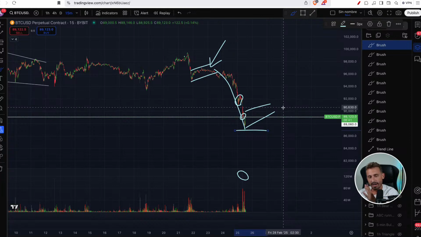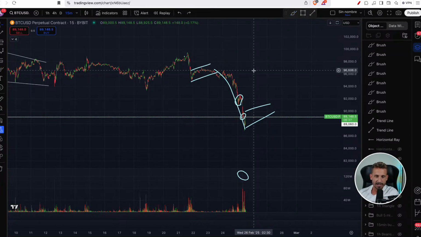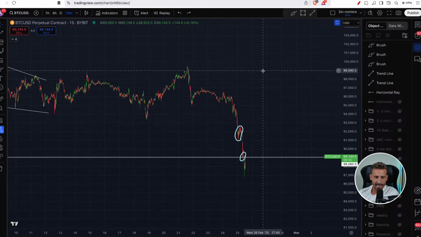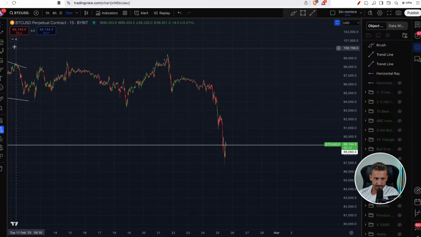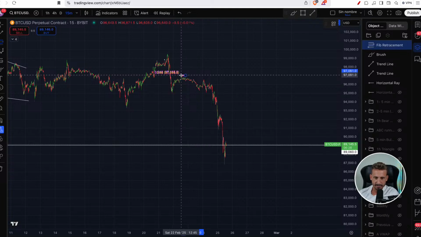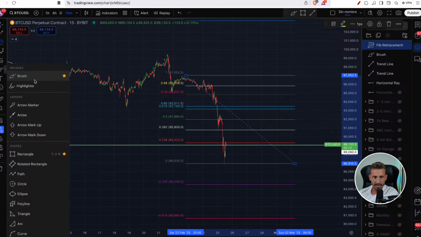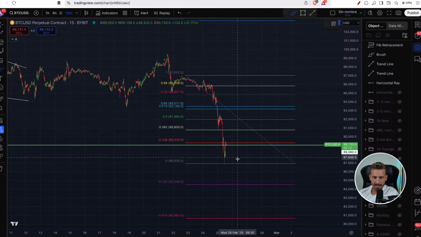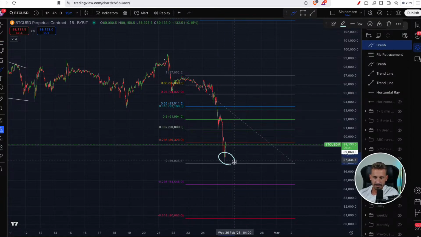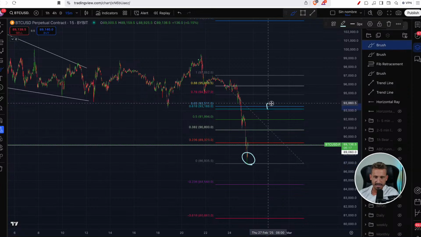So unless the price does manage to get above the golden pocket from this pivot to the pivot low, it will mean that this movement probably is the low, but the price needs to get to $93,000.